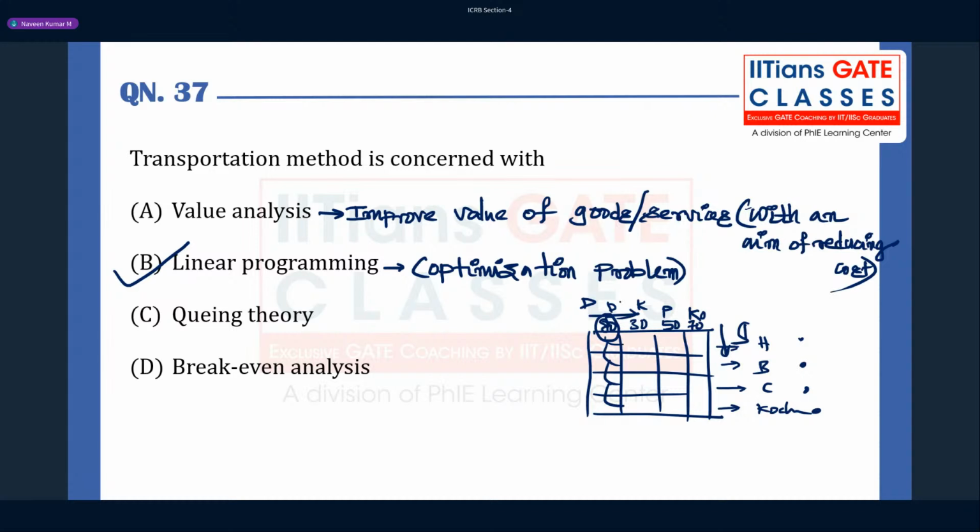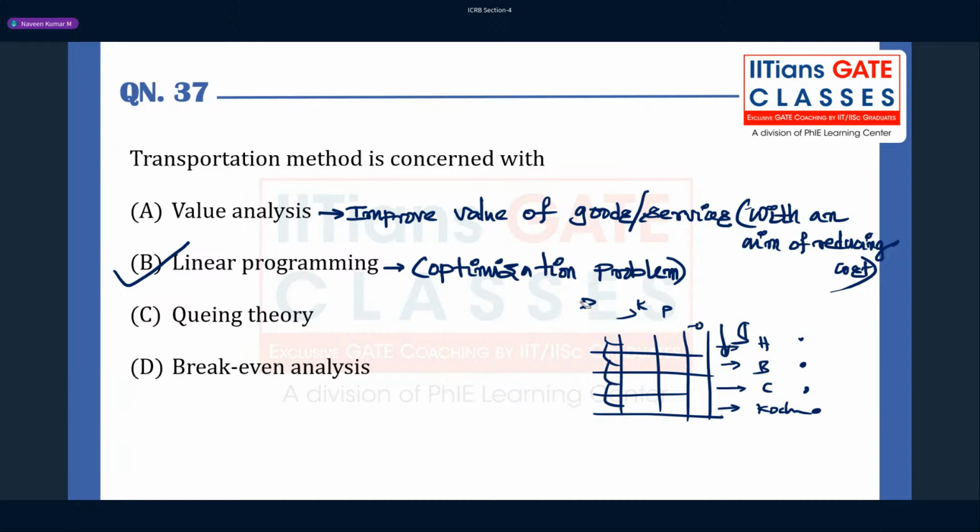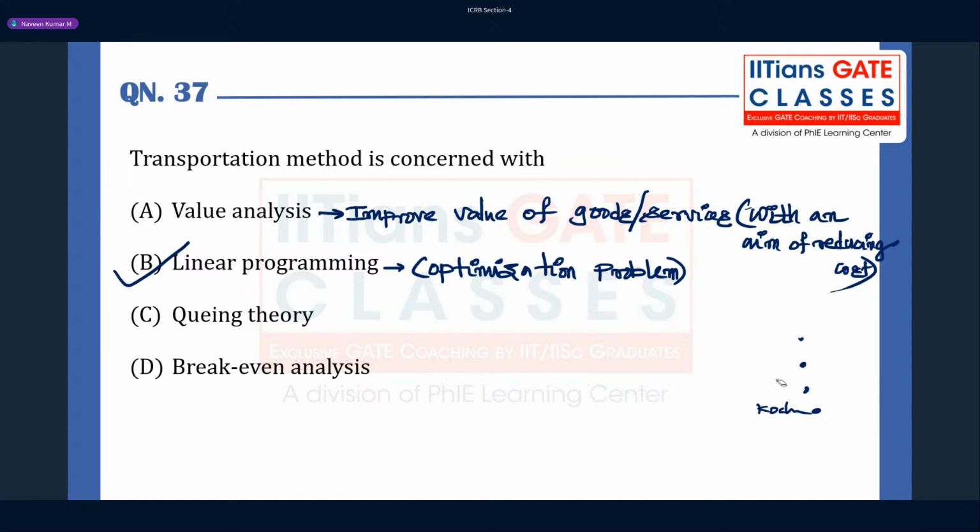Like that, there is an objective here to minimize the cost. What is the objective? Minimize the transportation cost. What are the constraints? The route, and the demand and supply are the constraints. Through this, you'll be able to solve this optimization problem and get to an optimal route where you minimize the total transportation cost.